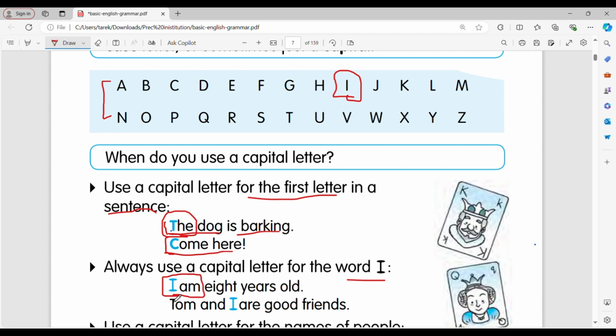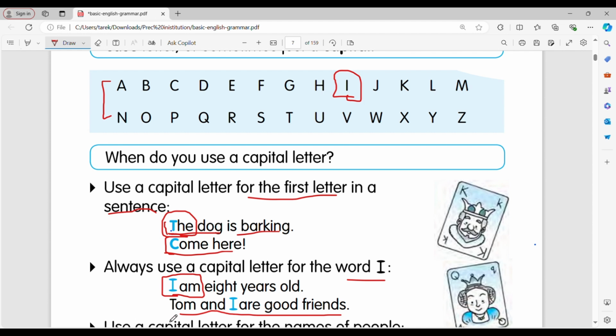In here we put I. Of course, at the beginning of the sentence, we should put any letter in its capital form. And in here we have the I form, so we are gonna convert it to the capital. Okay, in here we have Tom and I are good friends.